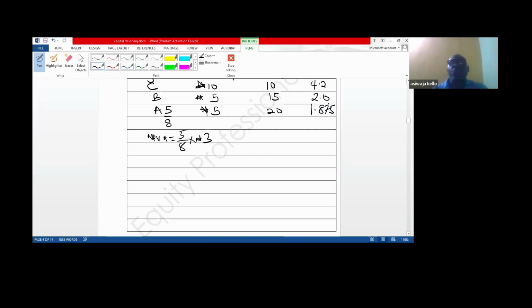We are going to invest 5 million. In percentage, that will give you 62.5%.